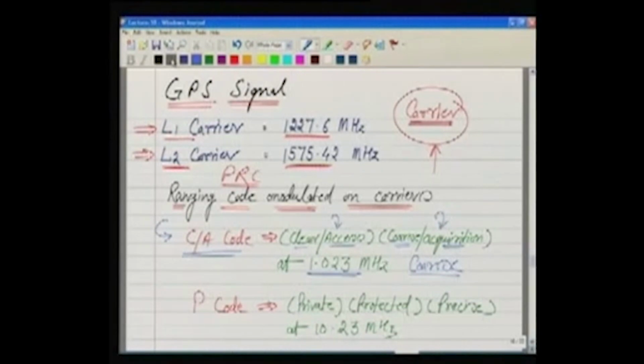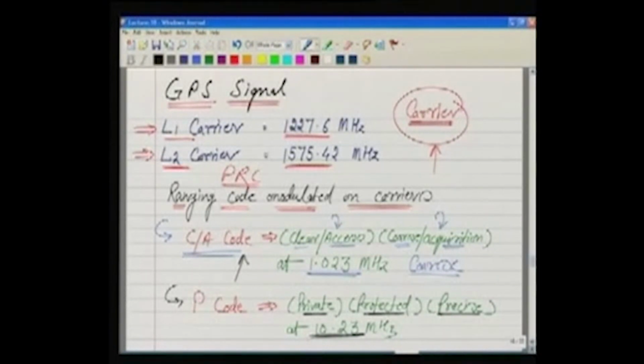Well, the other code is the P code. The CA code is available to the civilian users. It is freely available. However, the P code is the precise code, also protected, also private. It is modulated at 10.23 megahertz, at a higher frequency.